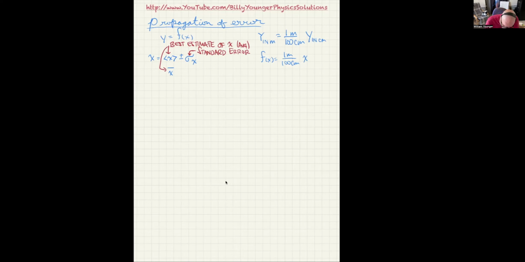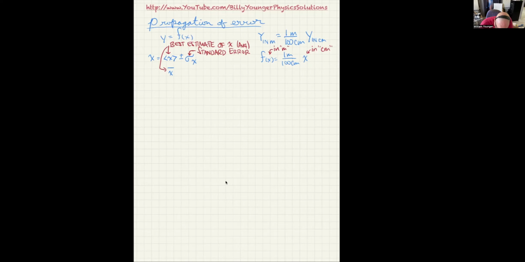So just like I did here, the function f of x is equal to 1 meter over 100 centimeters times x, with the understanding that x is measured in centimeters, and this quantity comes out in meters.